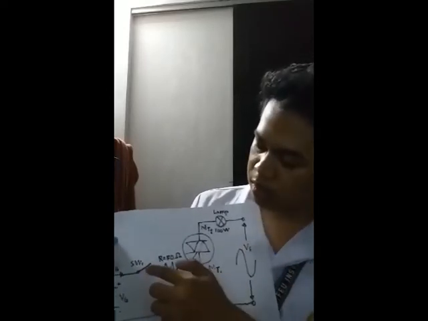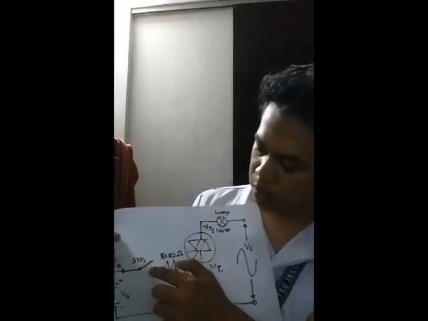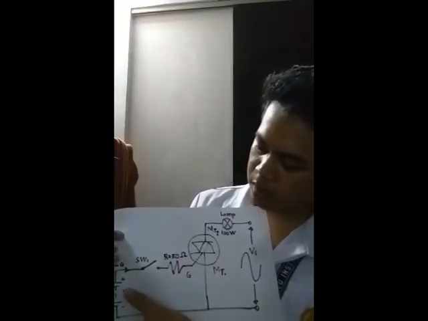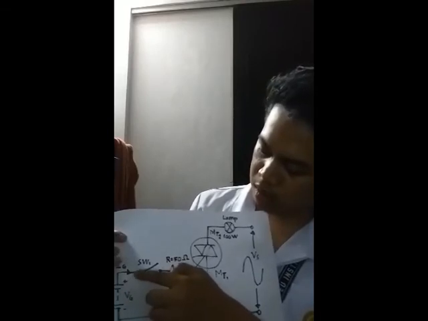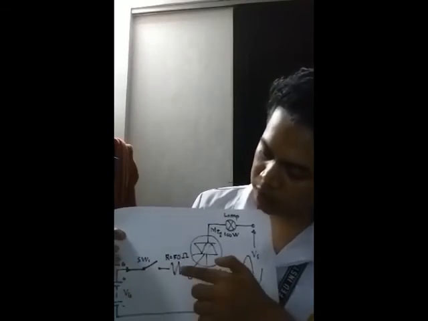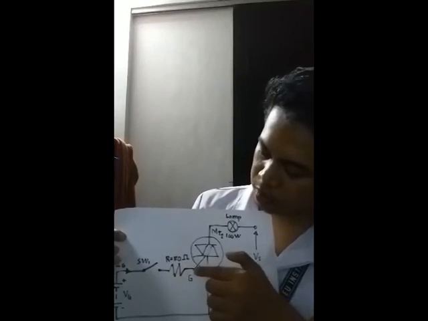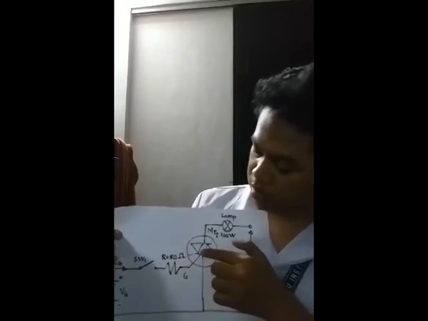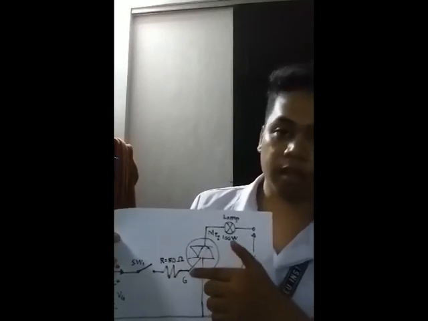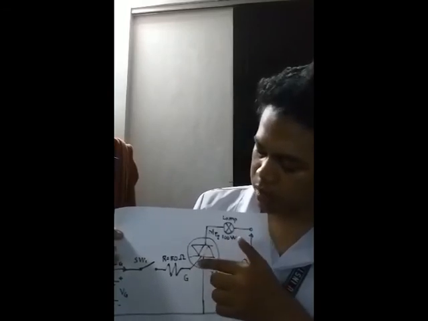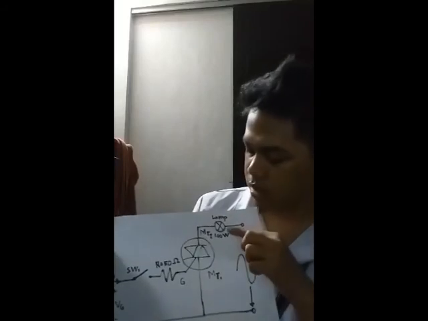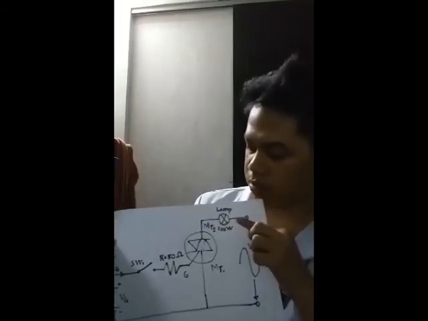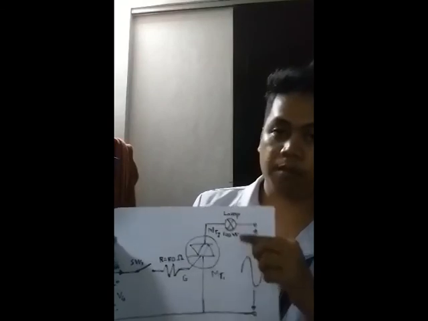But when switch 1 is closed, the voltage VG will supply the current IG through this resistor to the Triac, and then it will turn on to conduction state, and it will complete the circuit and activate the load. So that's it.